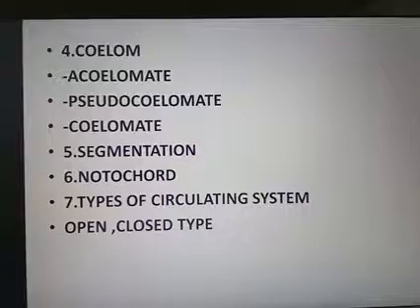Non-chordata means they have no notochord and chordata means they have notochord. In chordata animals, the notochord is well developed to form vertebrates, which is known as Vertebrata.